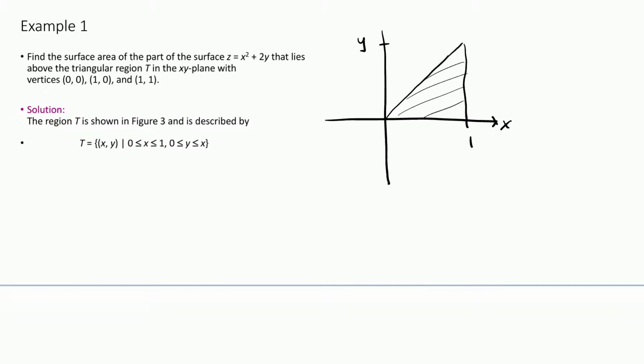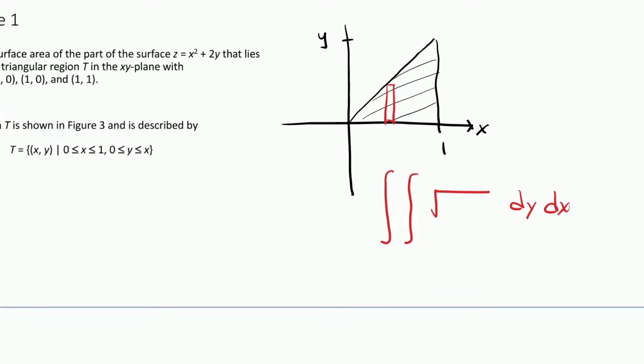Okay, so far so good. Now we're gonna set this up as a double integral. Let's use a vertical rectangle to start, and we'll see if this is okay. If it doesn't work out, then we'll switch to a horizontal rectangle, but I think this will work out. See if you can come up with the limits, because some of you are still struggling with the limits on a region like this.